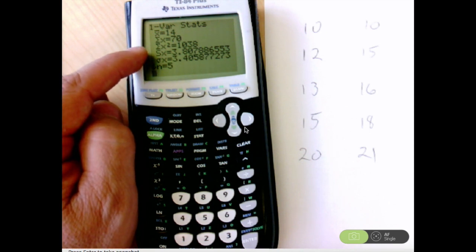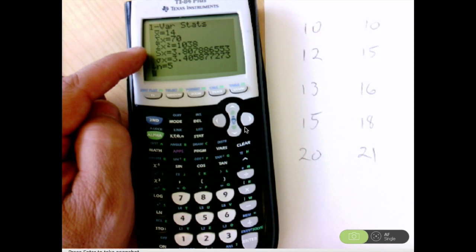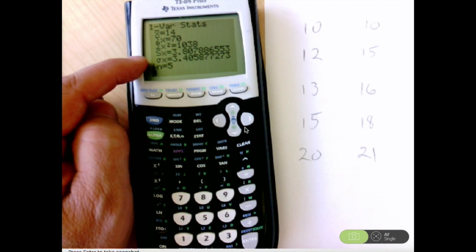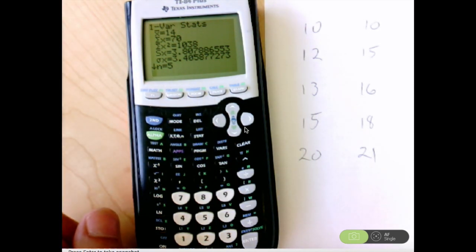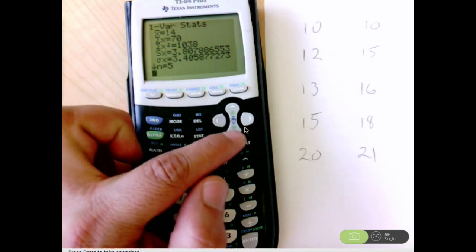The first one is assuming the data set is a sample, so my denominator is actually n-1. And the second one is assuming that this is a population data set. So we do have 2 slightly different standard deviations. Make sure you know which type of data you're dealing with, sample or population, to use the correct standard deviation.